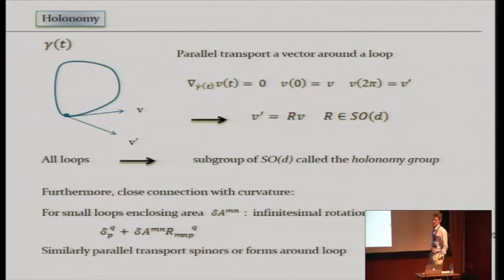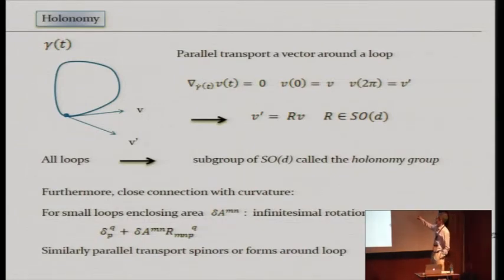Those are the equations that I want to study for parallel transport. It's an ordinary differential equation, so I specify the initial conditions, which is that V(0) is just V, and I parameterize the loop such that after 2 pi, I come back to myself. So you solve this equation with this initial condition, you go around the loop, and you find some other vector, which we will call V prime.